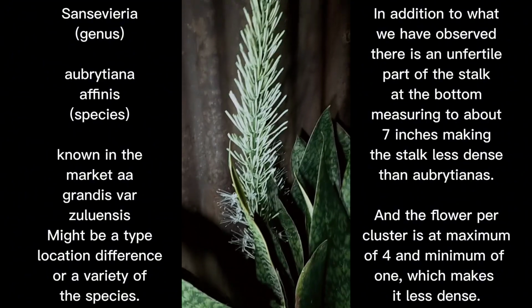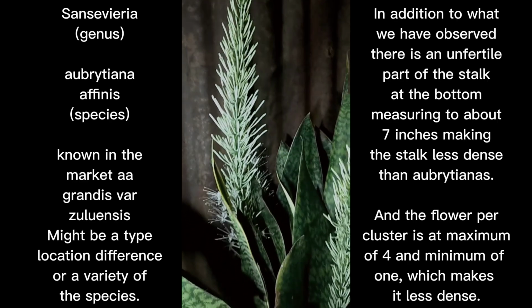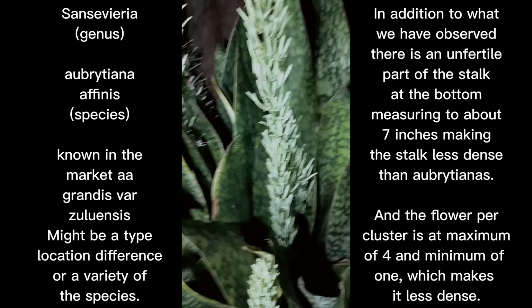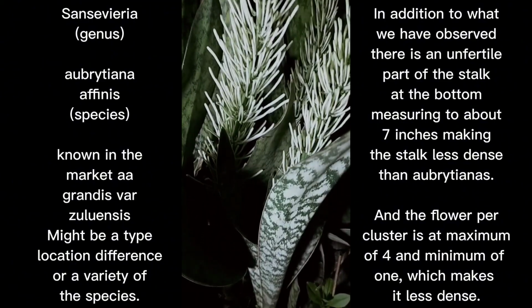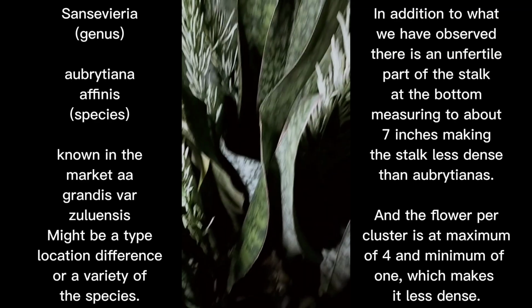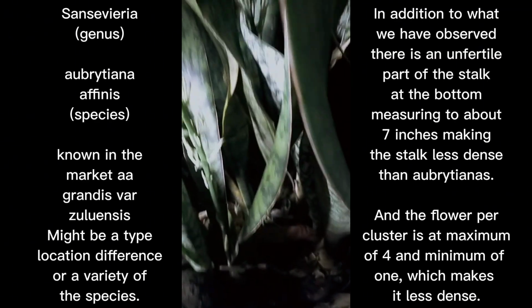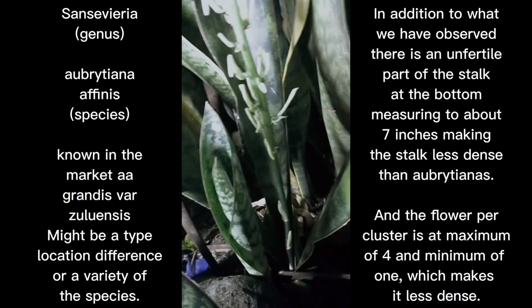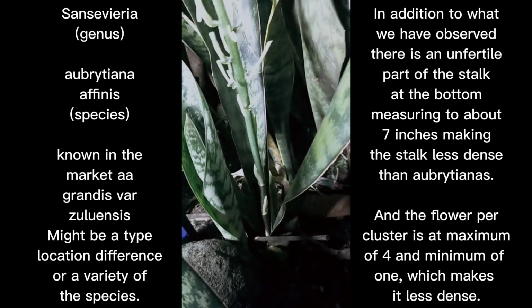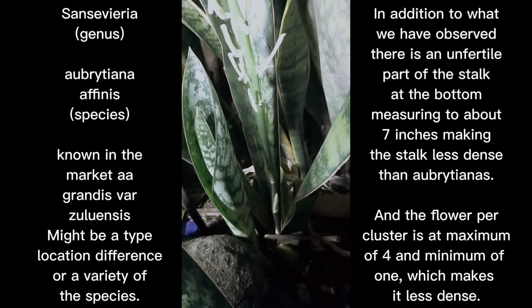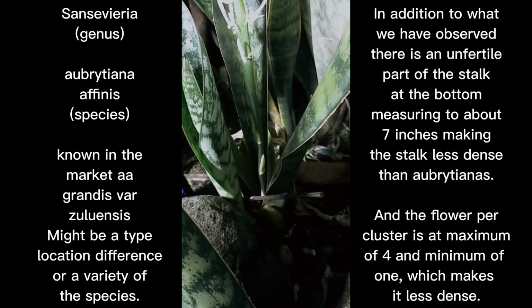So folks, perhaps I'll show you an overlay of a video comparing them to a specimen of aubrytiana, but as what I see here, the peduncle or flower stalk has a bare stem of the inflorescence, meaning they don't have flowers on them.